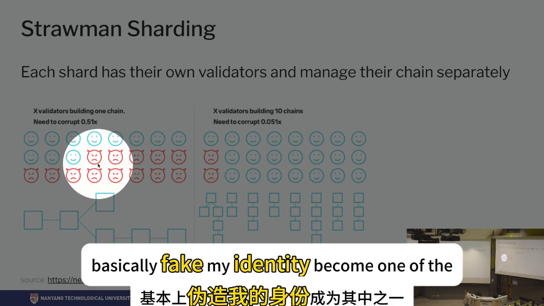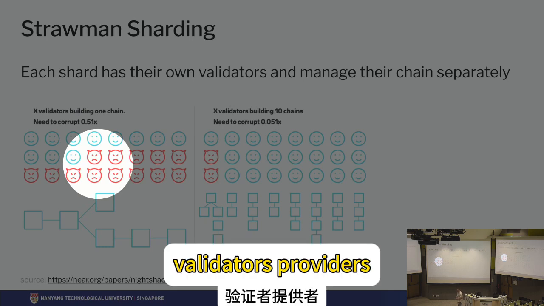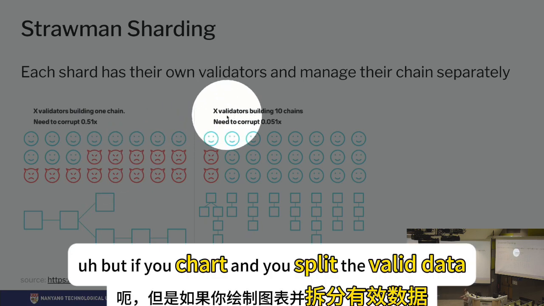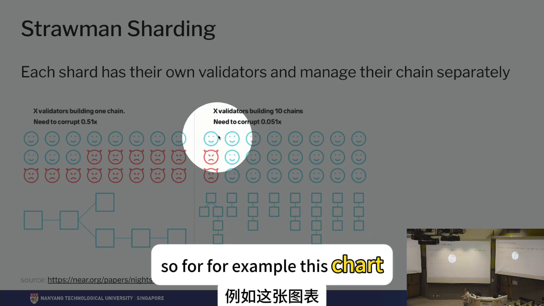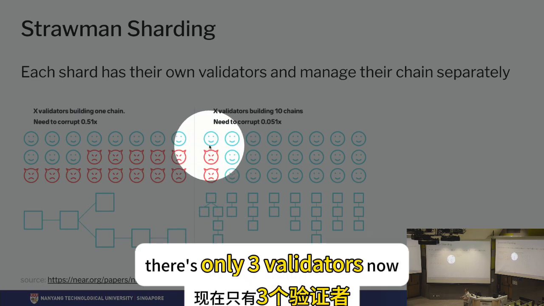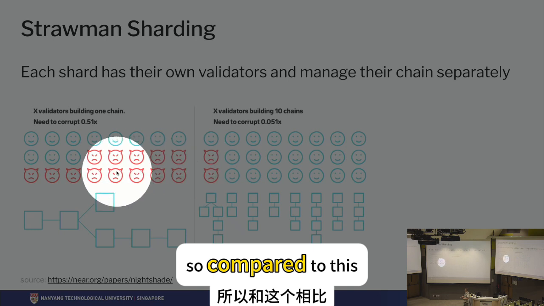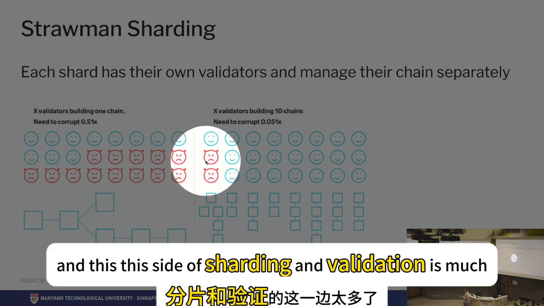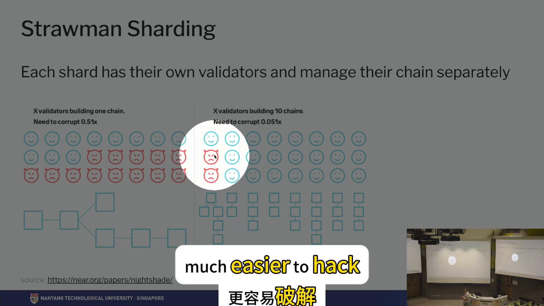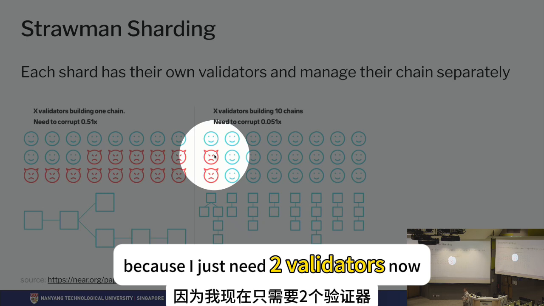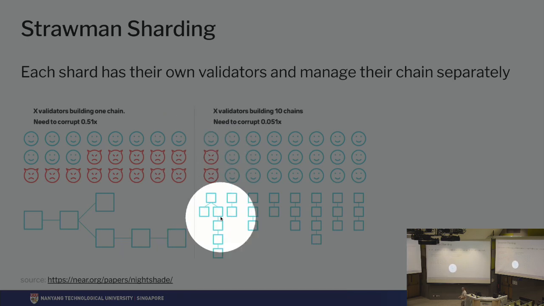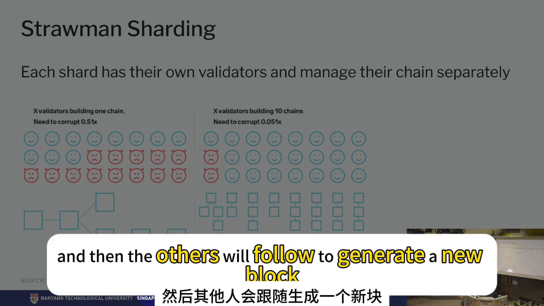Or imagine I basically fake my identity and become one of the big validator providers. But if you shard and split the validators evenly, for example, this shard only has 3 validators now. So compared to the unsharded chain, it is much easier to hack, because I just need 2 validators now to hack this blockchain. And I can generate a new block, and then the others will follow to generate a new block.